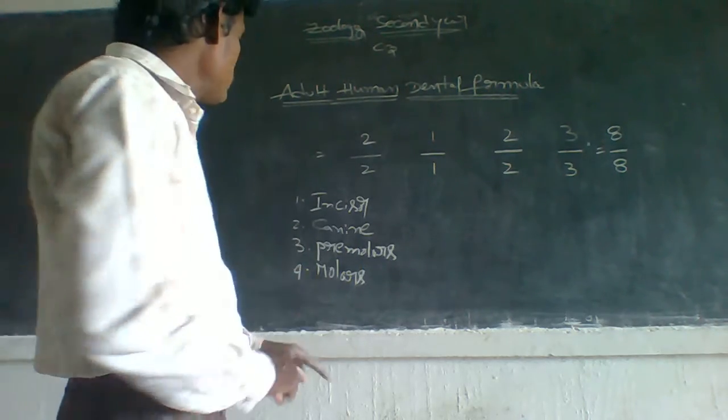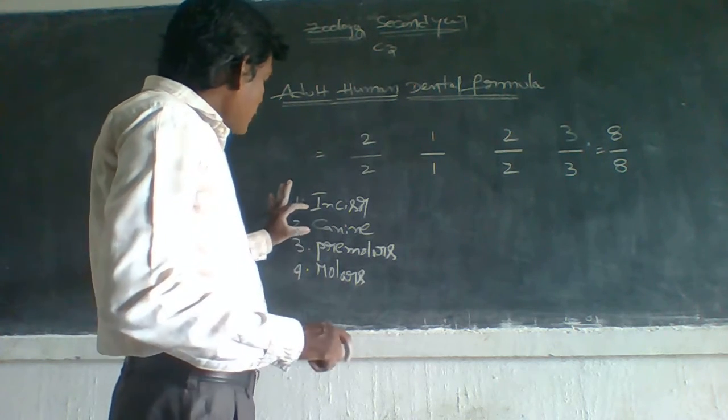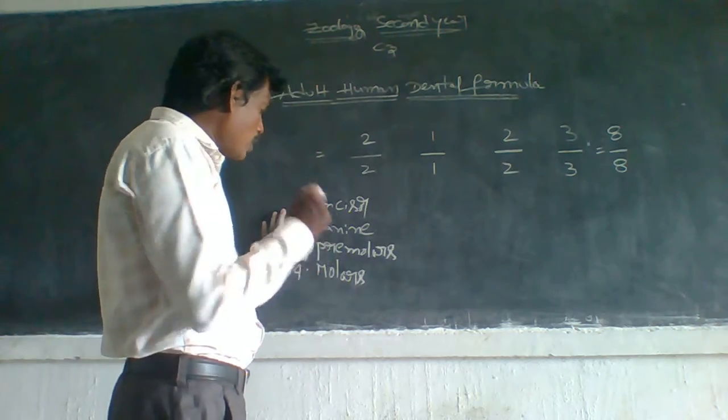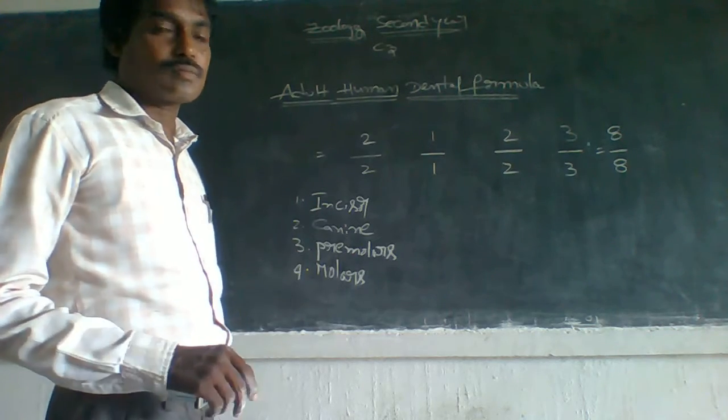The first one incisors, the second one canine, the third one premolar, and the fourth one molars.